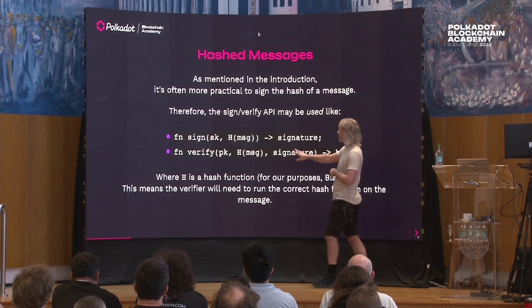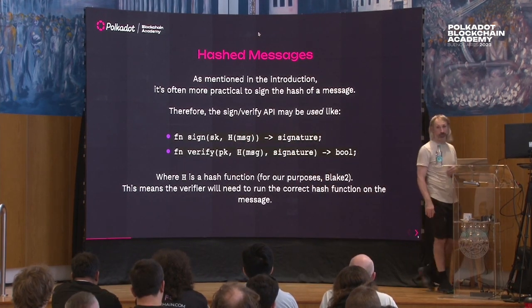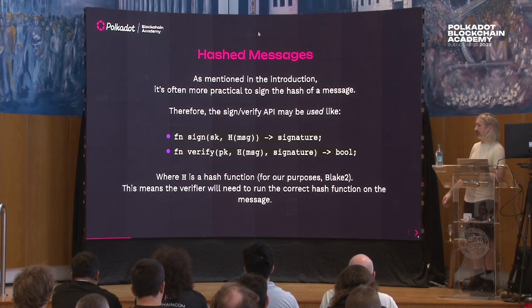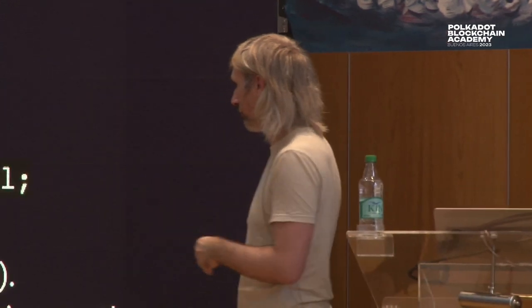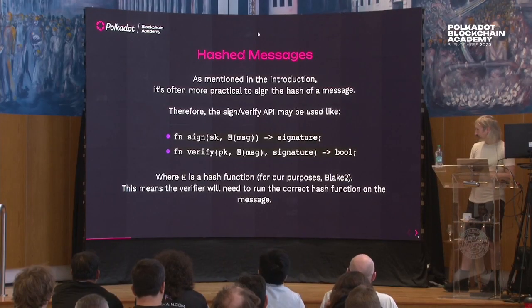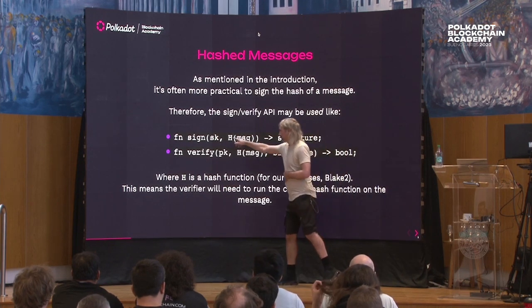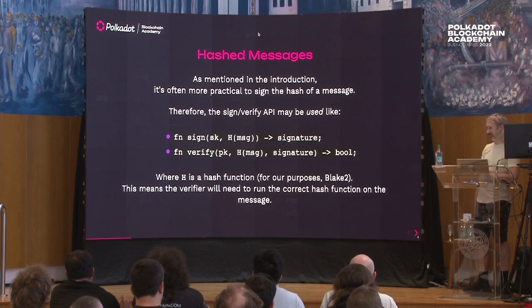This is typically what you'll see with signing and verifying. It's got this hash in there. And this is one of the things that we mean when we say hybrid cryptography, right? We're using different cryptographic primitives to build better systems, composed from them. Of course, it is important that we use the same hash function. Can't be just any hash function. It has to be the same for sign and for verify.